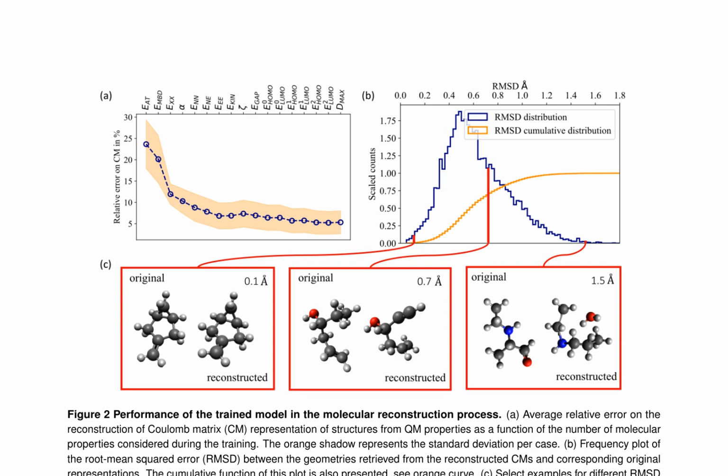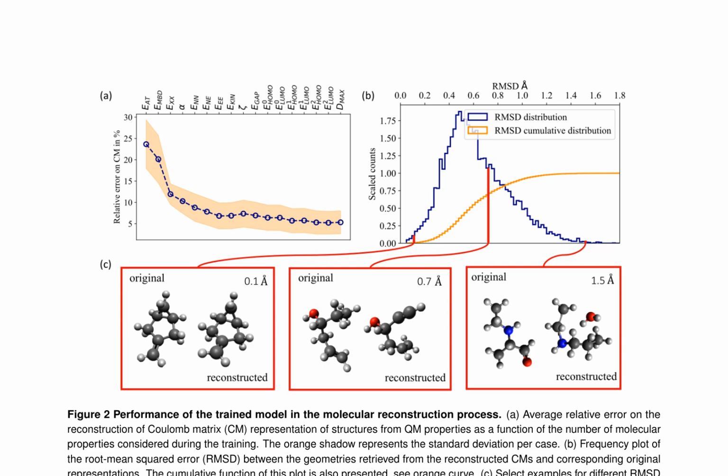An analysis of the hierarchy of QM properties reveals that extensive properties are more informative than intensive ones for molecular reconstruction. This is attributed to the fact that these extensive properties depend on crucial molecular features, such as the number of atoms, number of electrons, and geometry, which are also considered in a 3D representation like CM.